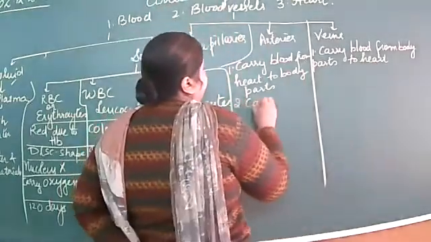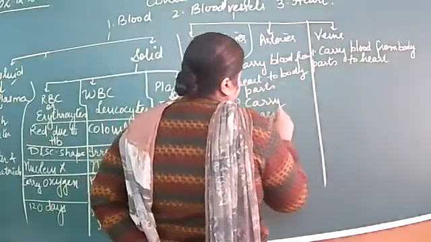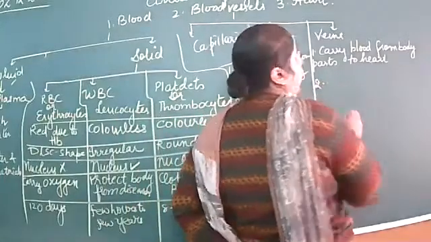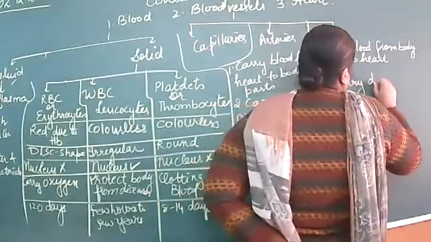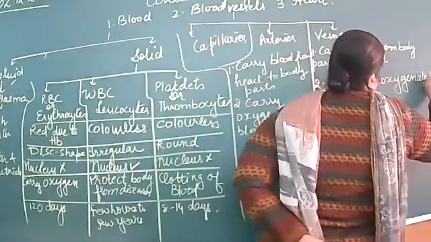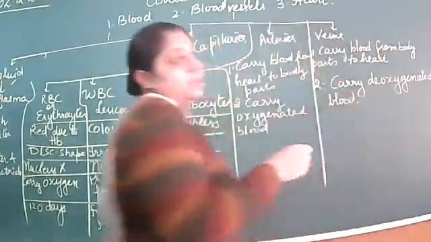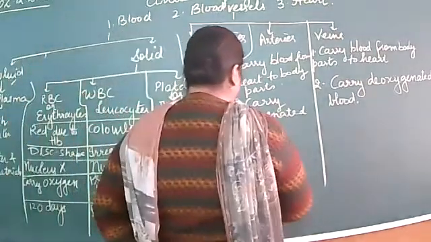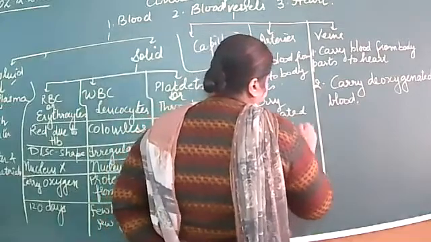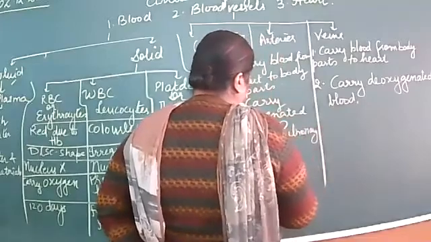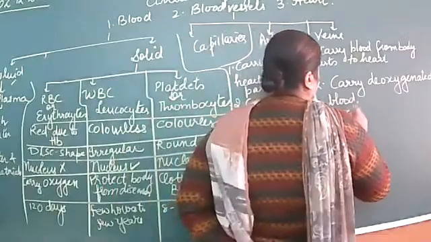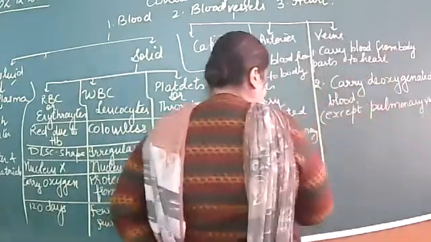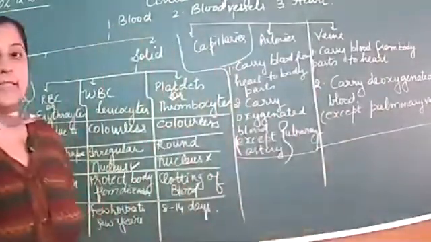Carry oxygenated blood. और वेन्स जो बॉडी ऑर्गन्स में से लेके आ रही हैं, carry deoxygenated blood. Right. ऑक्सीजनेटेड ब्लड सारी लेके जाती हैं except pulmonary artery. Pulmonary artery carries deoxygenated blood. और इधर except pulmonary vein, right? दो differences हो गए। अभी आगे और लिख रही हूं.